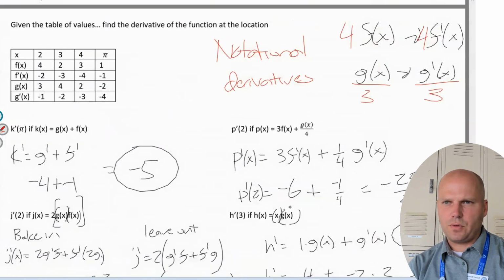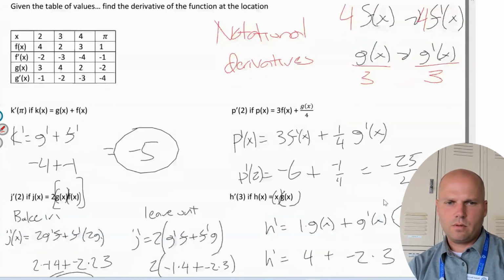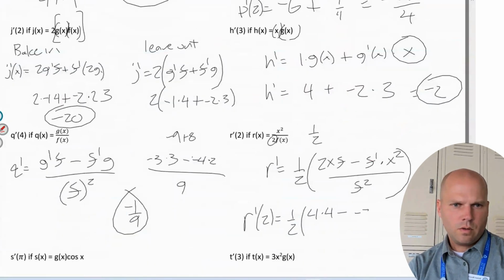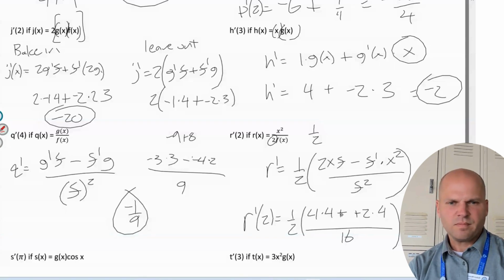F prime of 2 is -2 times 2 squared, over f of 2, which was 4 squared, which is 16. 16 plus 8 is 24, divided by 2 is 12. I get 12/16, which simplifies to 3/4.